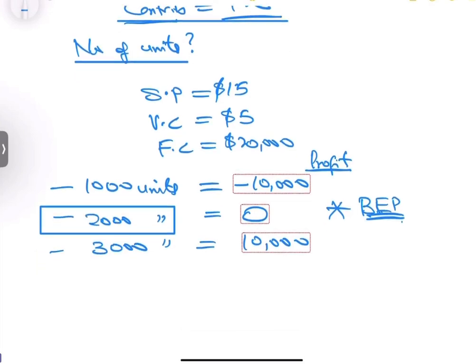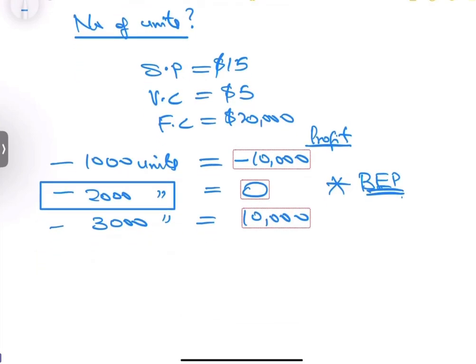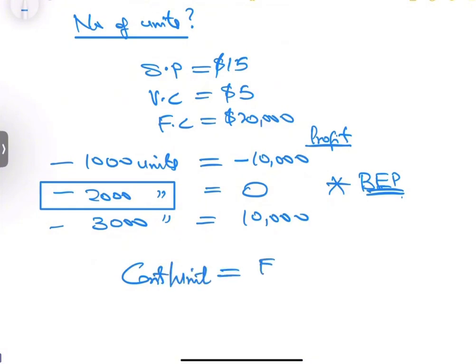And now let's go back to what I told you. I said at break-even, your contribution per unit definitely is equal to fixed cost per unit. Because we said at break-even, contribution is equal to fixed cost. So whatever contribution is, that will be the fixed cost.